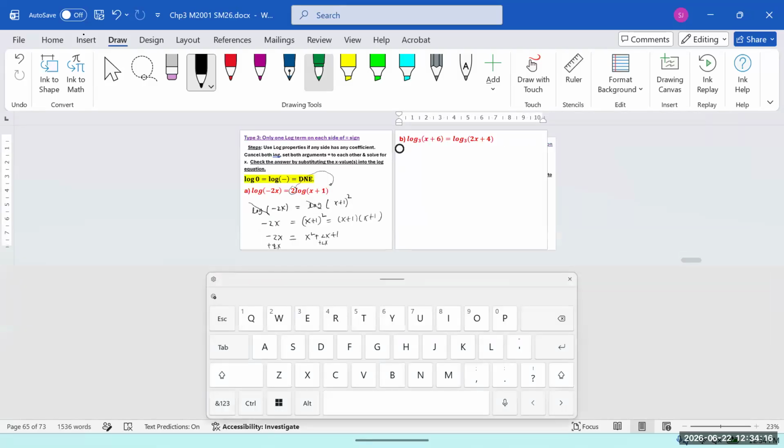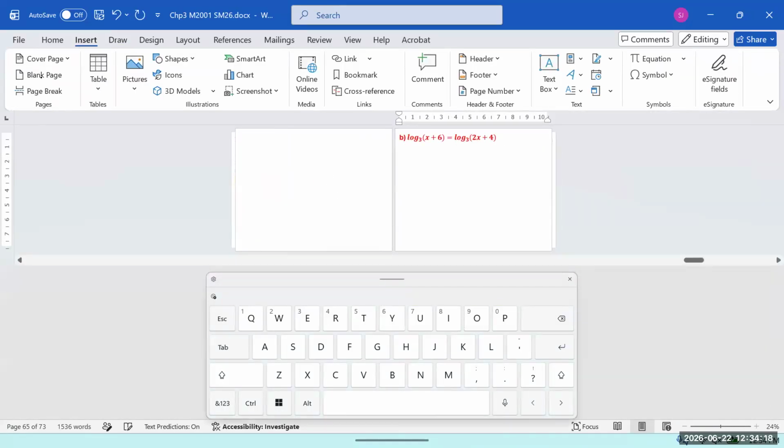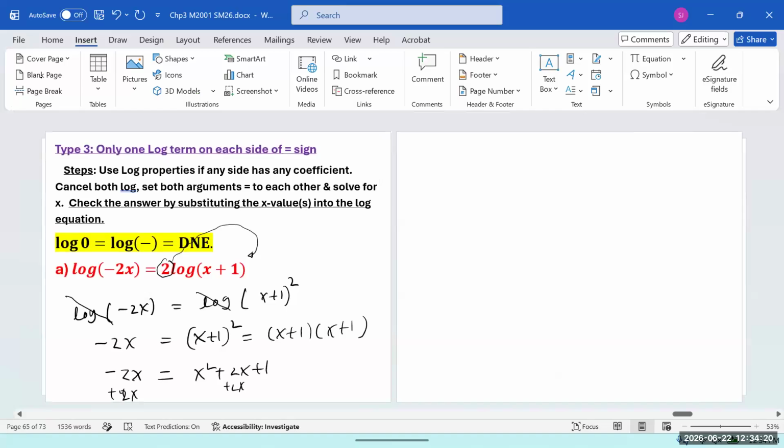So we get 0 equals x squared plus 4x plus 1. Did I pick a bad example? It is not factorable, right? So probably it's a calculator question.